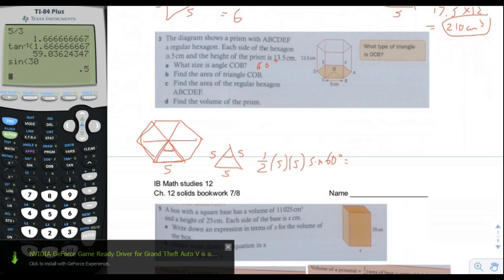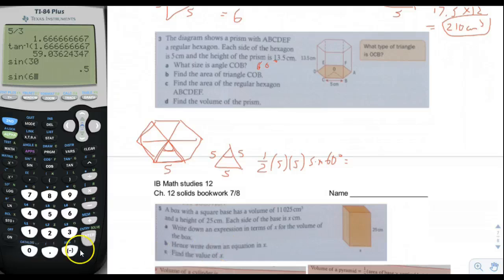The sine of 60 degrees is 0.866. So we're going to have 0.866 times 25 times 0.5. Which is 10.8.